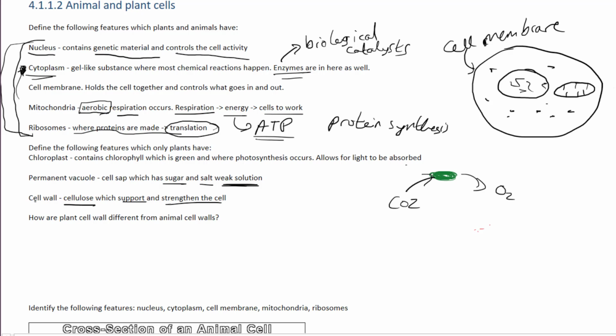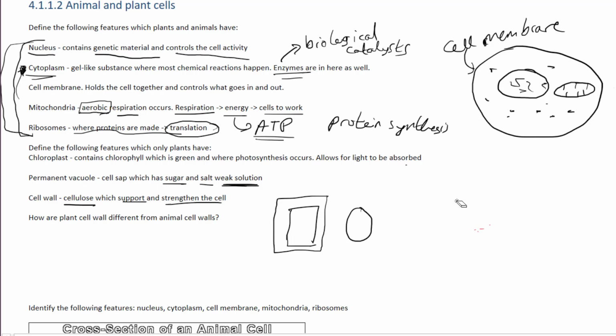Now, this becomes really important in a question which could come up. Let's say you have a plant cell with a cell wall, and you have an animal cell. If you were to put both of these in water, which one will survive? Well, the answer is the plant cell, because it has the cell wall.